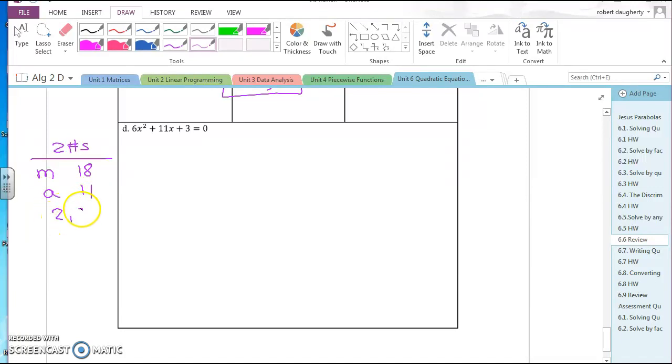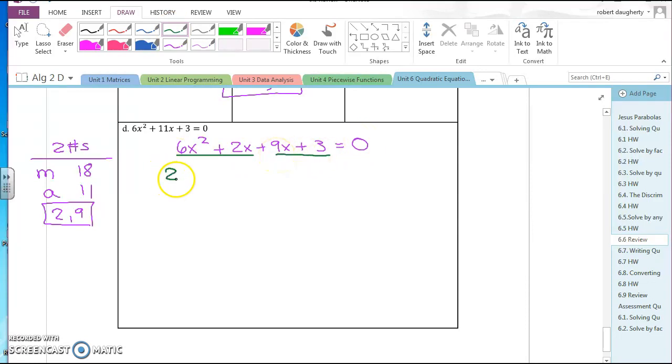Are there numbers that multiply to 18 and add to 11? Well, 2 and 9 are those numbers. Double check them. 9 times 2 is 18, 9 plus 2 is 11. So this will factor. I'm guaranteed it will factor if I write it like this: 6x squared plus 2x plus 9x plus 3 equals 0. Then I factor by grouping. I look at those two and I look at these two.